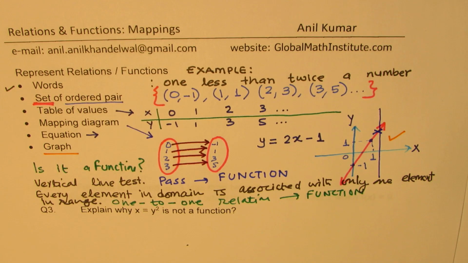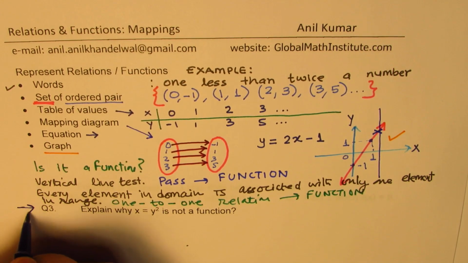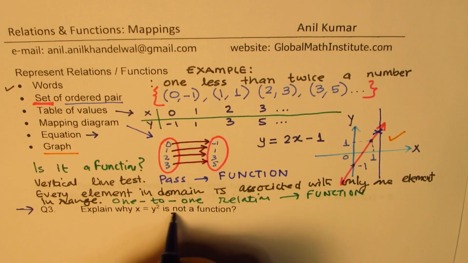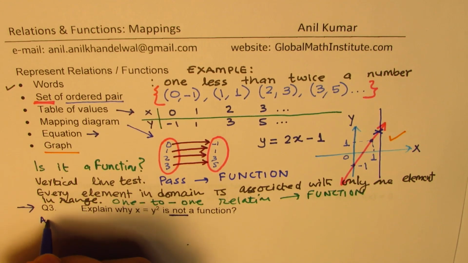Based on this, we have a question for you, which is right there. Explain why x minus y squared is not a function. You can take your time. Now, there are a couple of ways we can do it. We can show it algebraically.